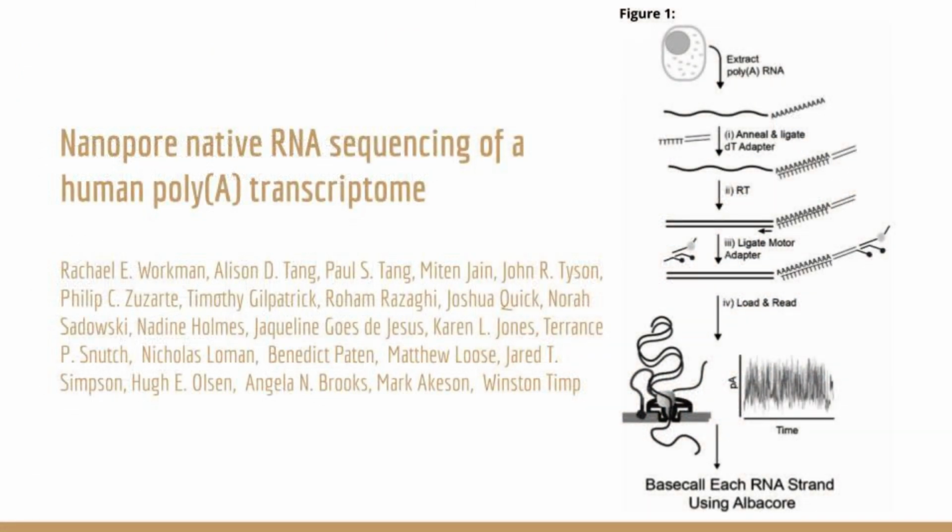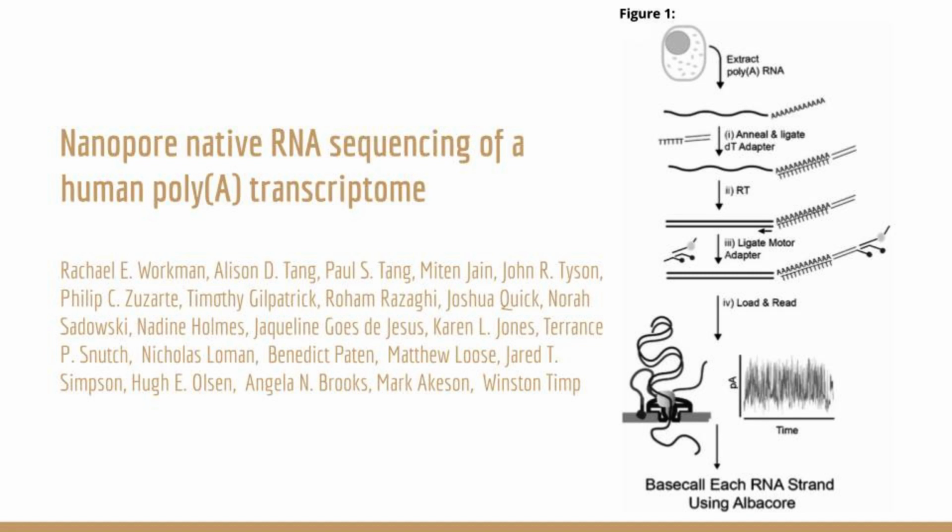Here are a few studies that used these techniques. This first study's goal was to explore native nanopore RNA sequencing of a human poly-A transcriptosome. This team isolated and sequenced the native poly-A RNA, and the process is shown here in Figure 1. The total RNA was isolated from human B lymphocyte cells, followed by bead-based poly-A selection.